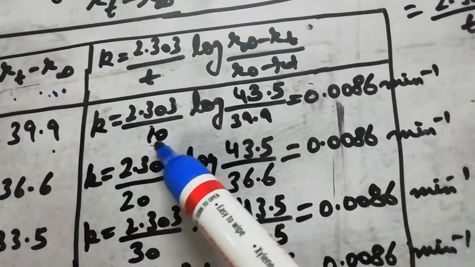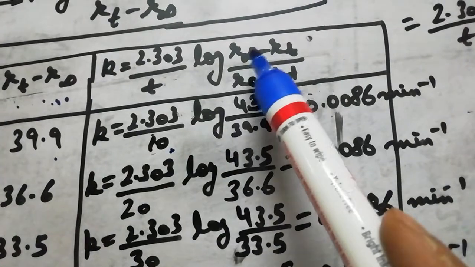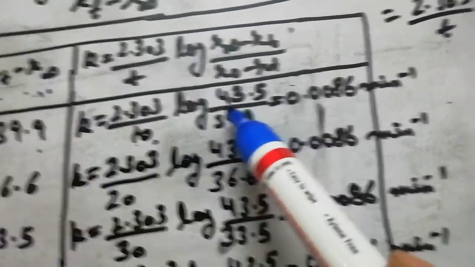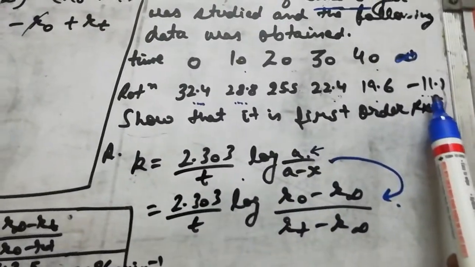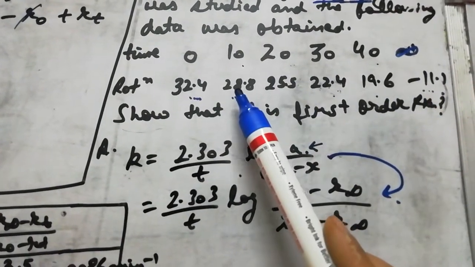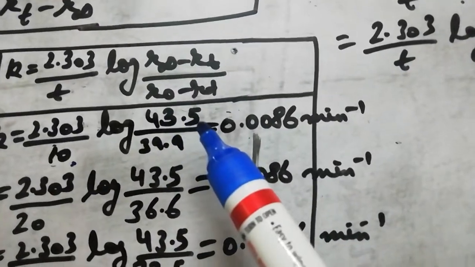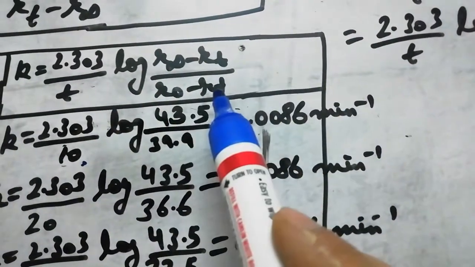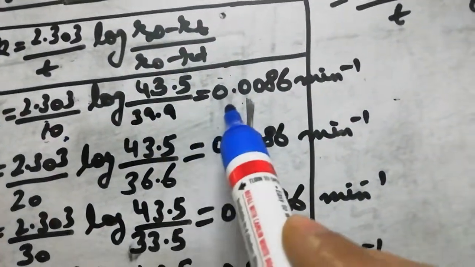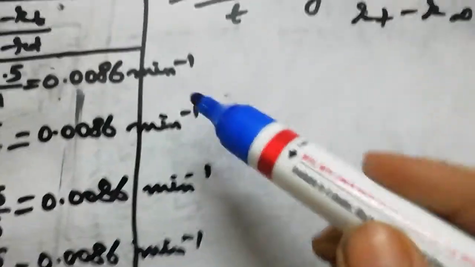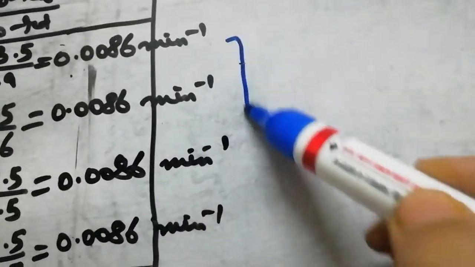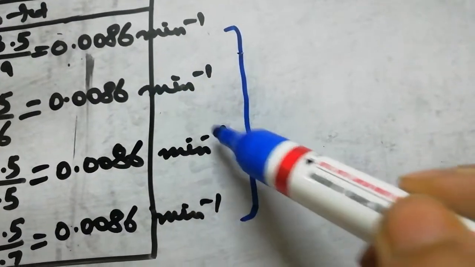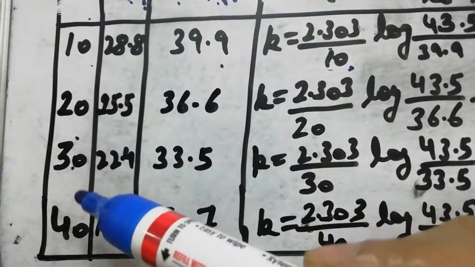K is equal to 2.303 upon 10 log 43.5 over 39.9, that is R naught minus R infinity over RT minus R infinity. This comes to 0.0086. So you will see that value of K will come out to be constant, that is 0.0086 minute inverse at different intervals of time, that is 10 seconds, 20 seconds, 30 seconds and 40 seconds.